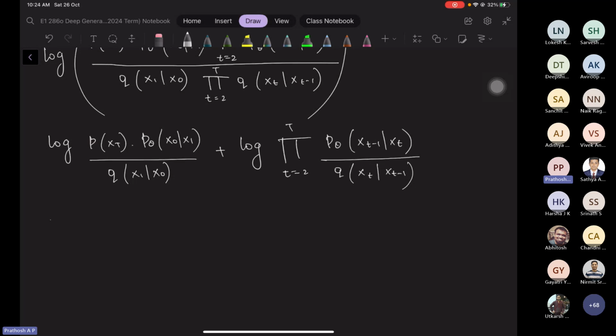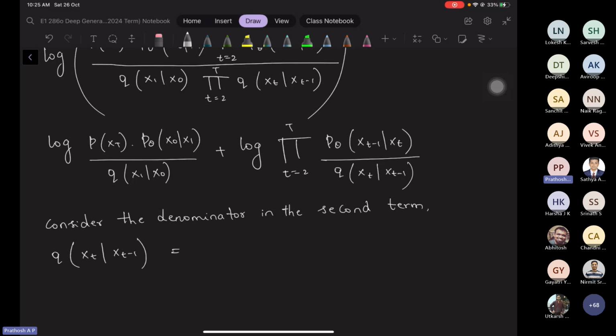So consider the denominator in the second term, which is q of xt given xt minus 1. This is the forward distribution that we know of, right?